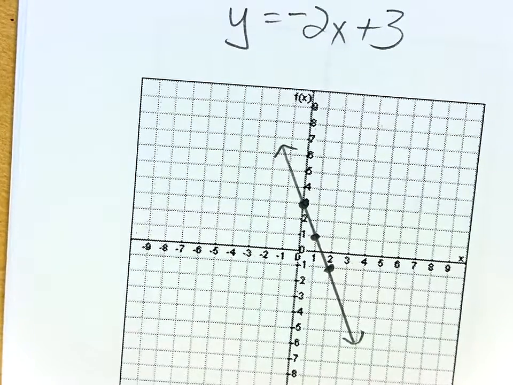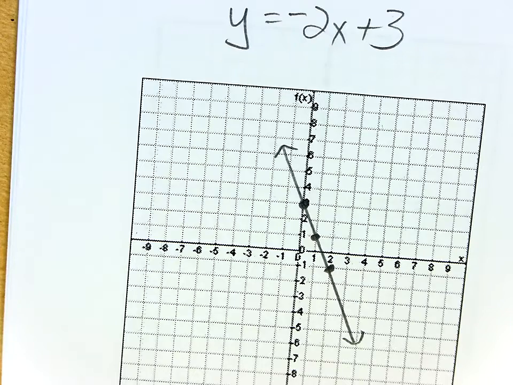Your graph should be going down from left to right, correct? Because we have a negative slope. Again, that doesn't guarantee you that your graph is right, because lots of lines go down, but at least you're not totally wrong.